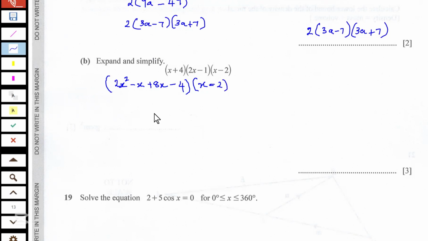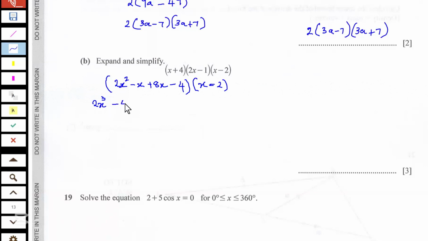Now, we can start by multiplying 2x squared by x, or x by 2x squared. And that gives us 2x to the power of 3. Now, we have 2x times x is going to give us 2x squared. Then we have 2x squared times negative 2, and that gives us negative 4x squared.